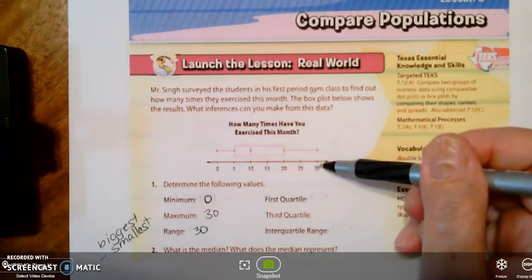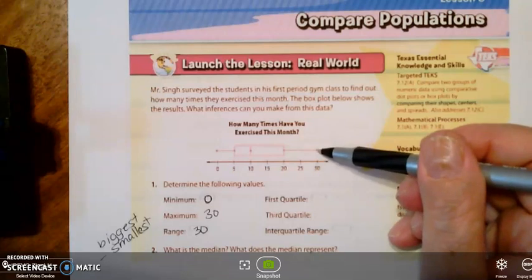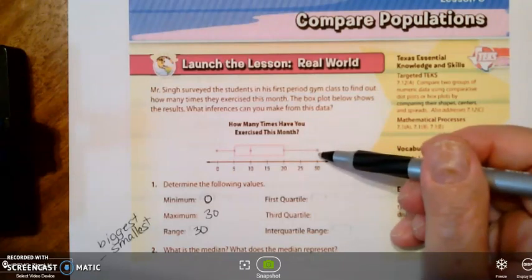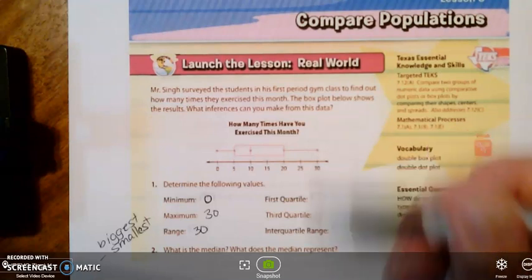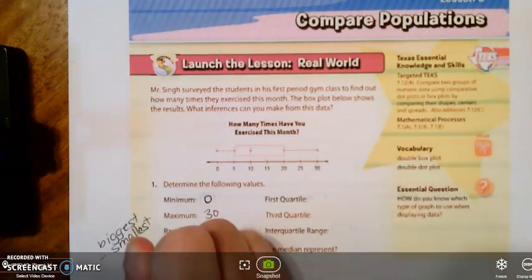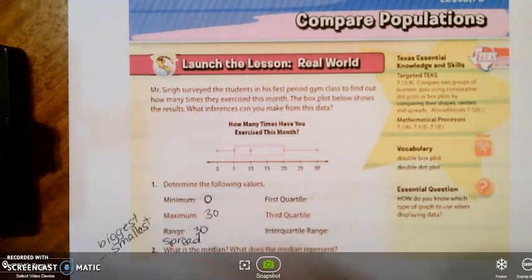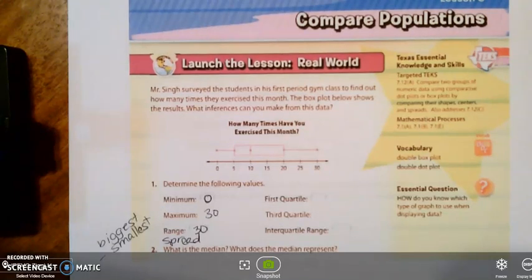The dot is over the 30. So that means 30 is actually part of the data set. Okay. So I want you also to write down the word spread, because a lot of times when they're talking about data on a box and whisker plot, they use the word spread instead of range. Okay, so they use those interchangeably.